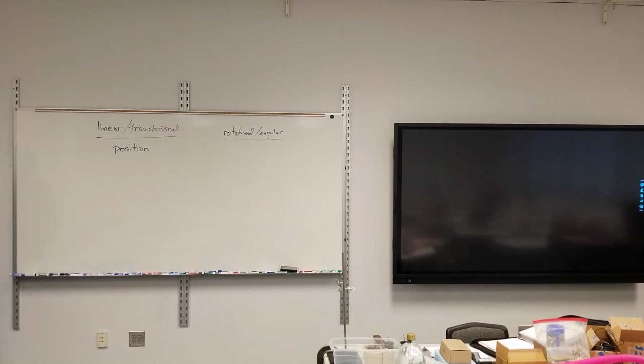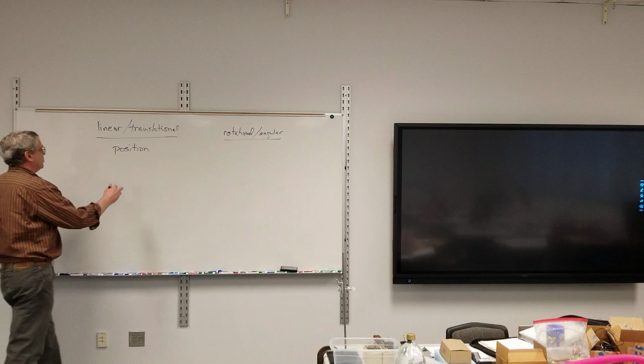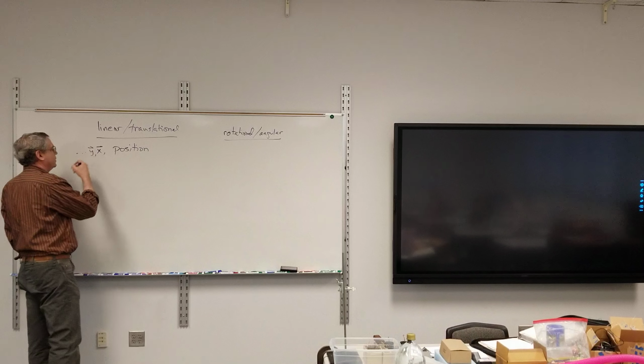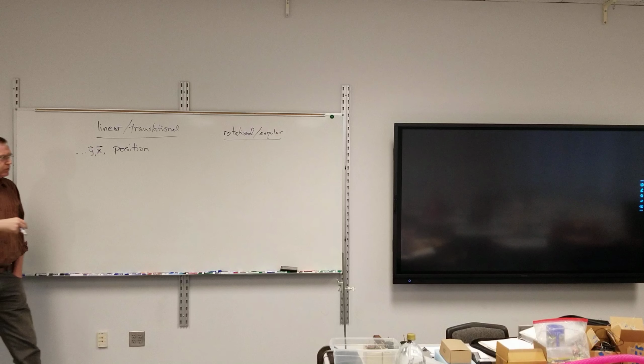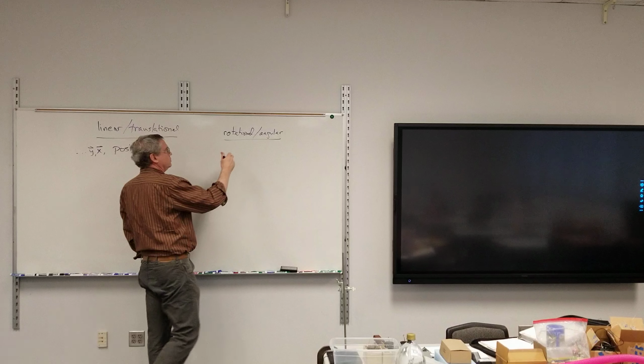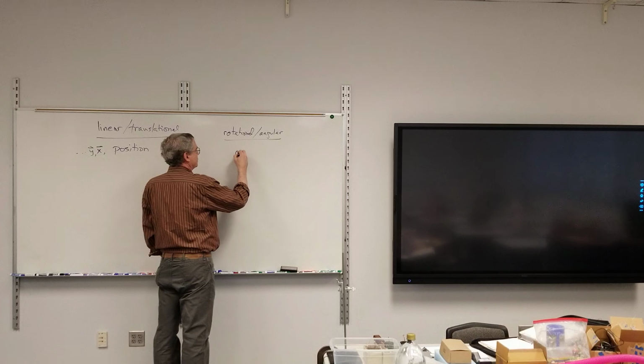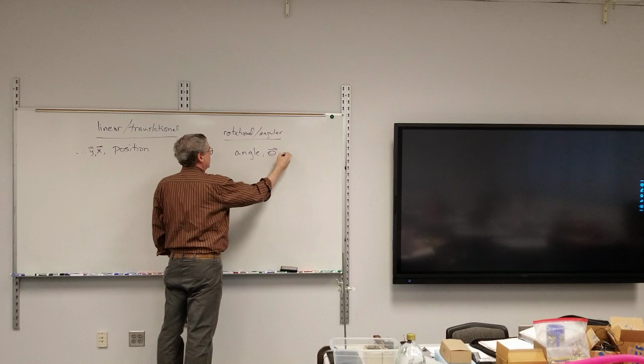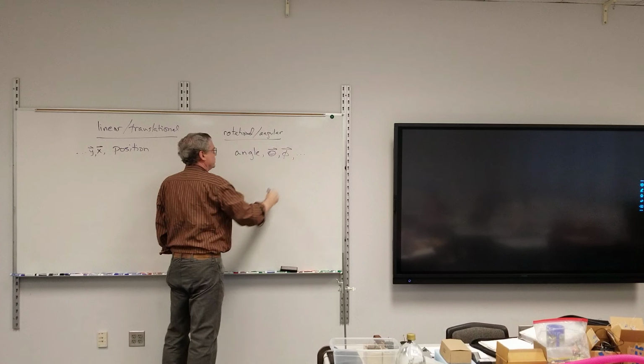It's just that tradition has us using one more than the other in certain situations. Now the symbol for position is X, Y, Z, something along those lines. The rotational analog of position is angle. And it's typically theta, phi. Those are the two most common ones.